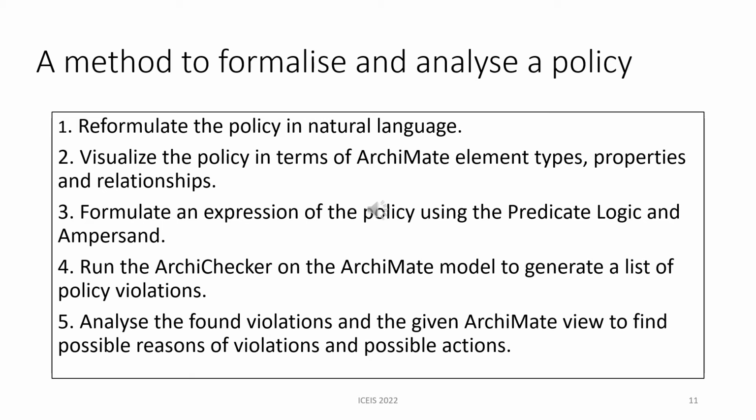Second, visualize the policy in terms of ArchiMate. Third, formulate an expression of the policy in the predicate logic and in Ampersand. Run the ArchiChecker on a given ArchiMate view to generate a list of policy violations. Analyze the found violations and the given ArchiMate view to find possible reasons of violations and possible actions.